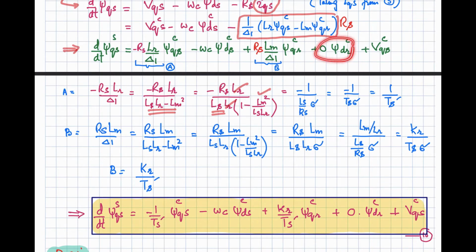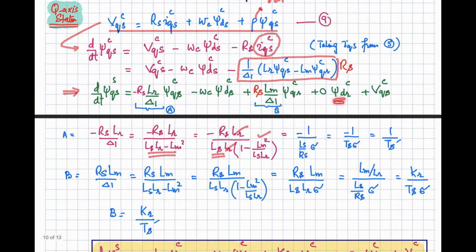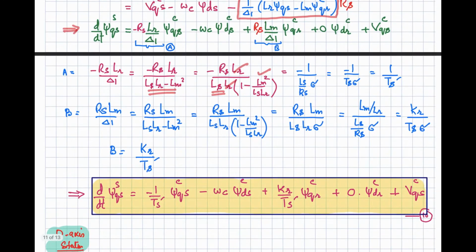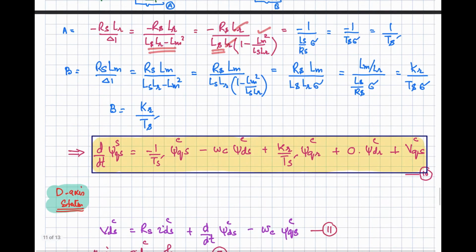The 0 term, 0 into phi DR, because actually phi DR is not there, we mark it with 0 just to represent it in the standard state space form, because we are considering the flux linkages as the state variables here, and we will write the equations in terms of the flux linkages. So the stator side flux linkages, the rotor side flux linkages and the input term. So from this equation we can write like that.